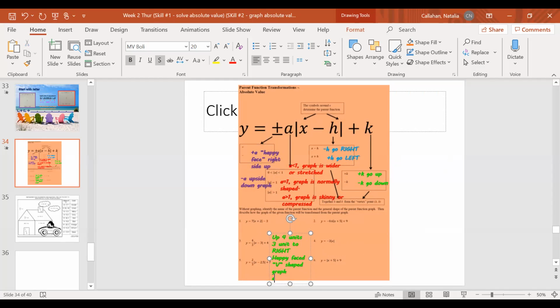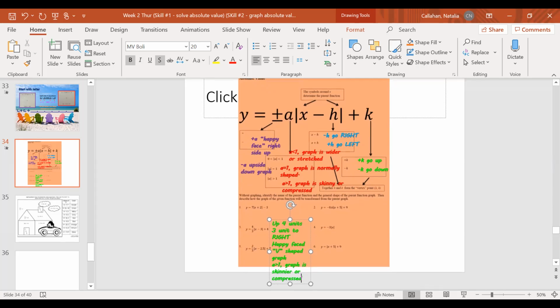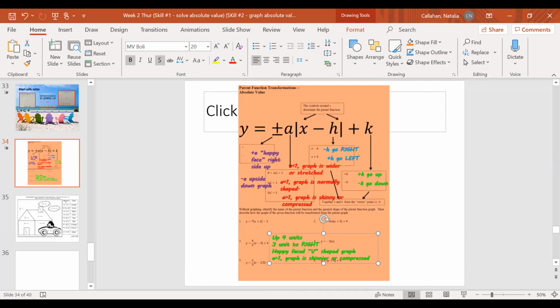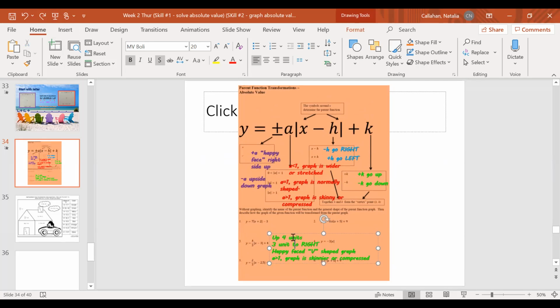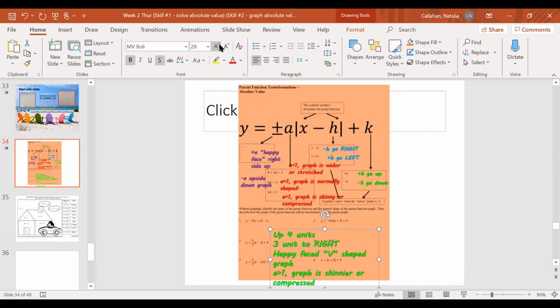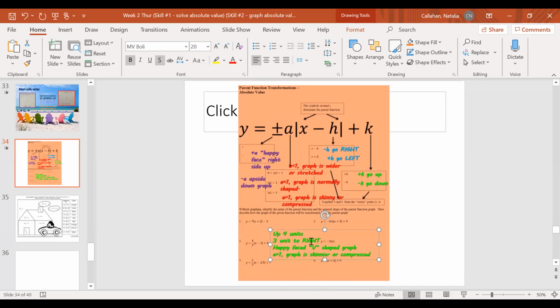And because A is greater than 1, the graph is going to be skinnier or compressed. So that's something that you can go ahead and describe number 3 if you are working on number 3. Oops, let's make that a little bit smaller. Okay, so that's how I describe number 3.